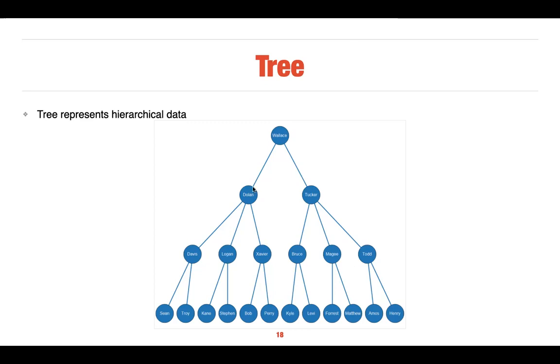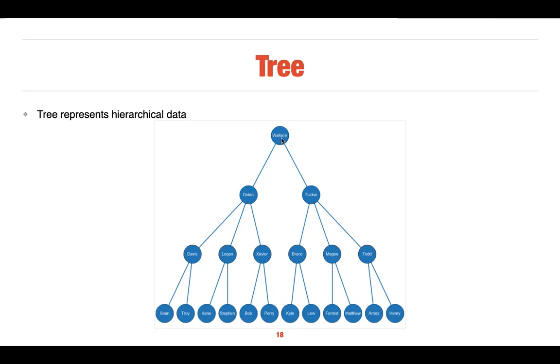So this is the tree data structure. A tree data structure represents hierarchical data. If you want to store hierarchical data and you use the tree structure, because it is a predefined data structure, it will be easy for you to store and traverse the data. If you have an organization in which the employee data is hierarchical, the first is the CEO.